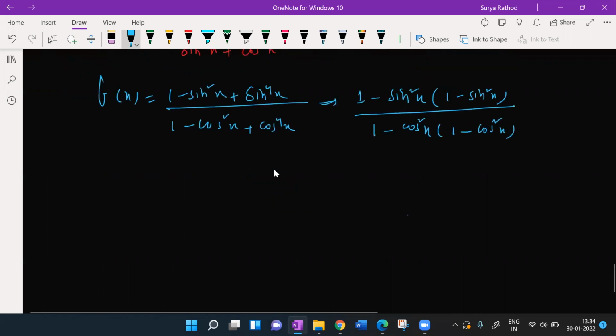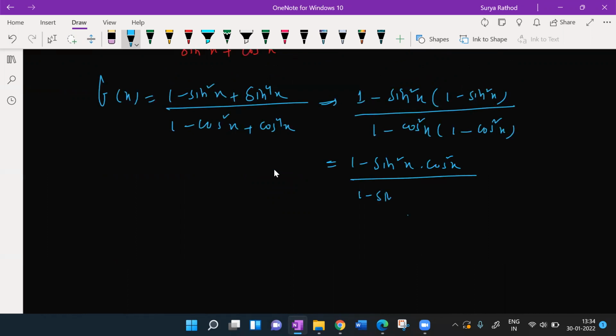So here 1 minus sine square x, minus sine square x cos square x, divided by 1 minus cos square x, into sine square x, into cos square x. So 1 minus sine square x cos square x is equal to what? 1.